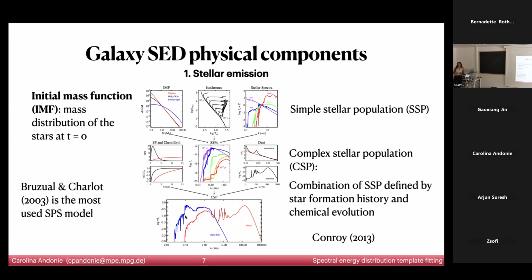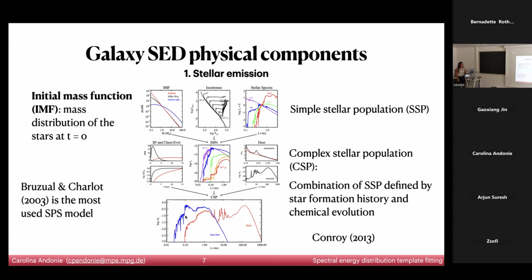But at the same time, we know that the galaxy has some dust. So there will be some dust that is also going to absorb this UV emission coming from the stars and re-emit it at larger wavelengths. So we need to take all this into account to model the stellar populations, basically to obtain the stellar mass value of the galaxy, which is what we are most interested in. So there are a lot of variables.